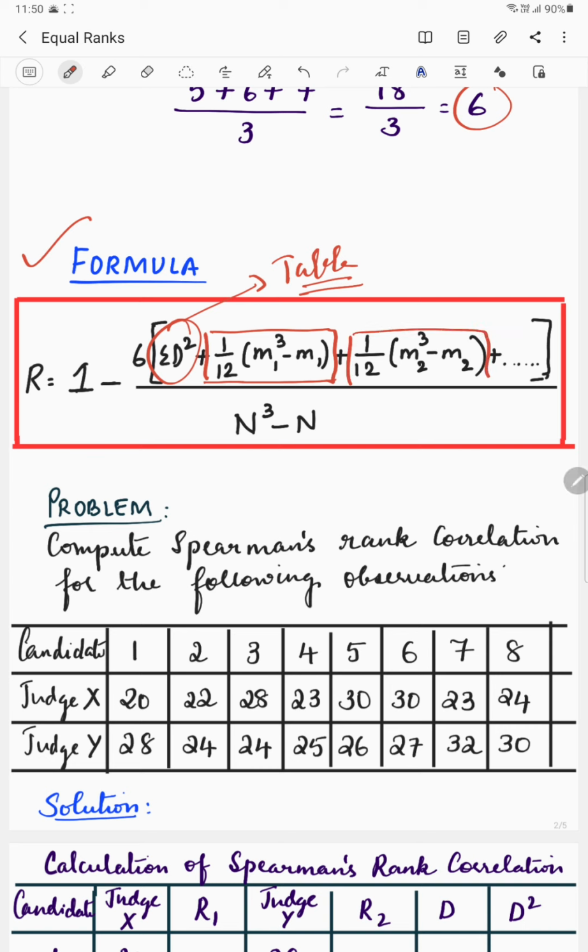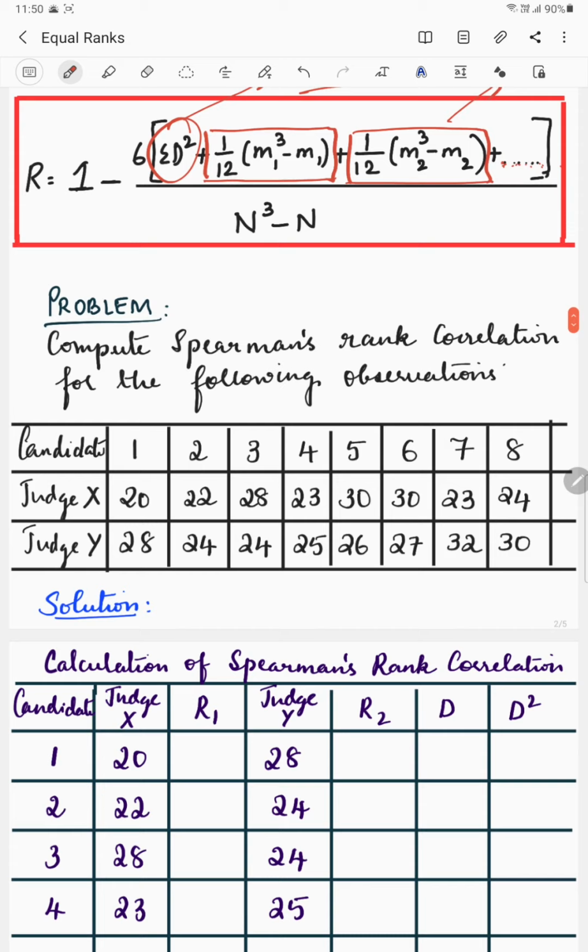Then dot dot, it's understood that the next one will be 1 by 12 m3 cube minus m3. The dots are given because in the question, how many numbers are repeating and how many times, based on that the formula count will increase. Then we have divided by n cube minus n.